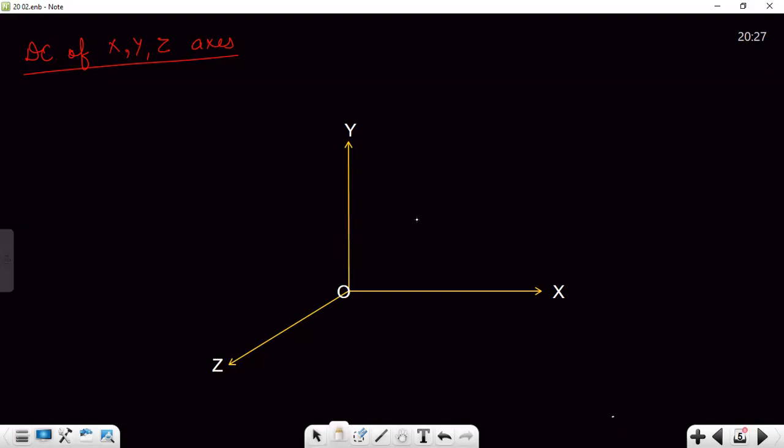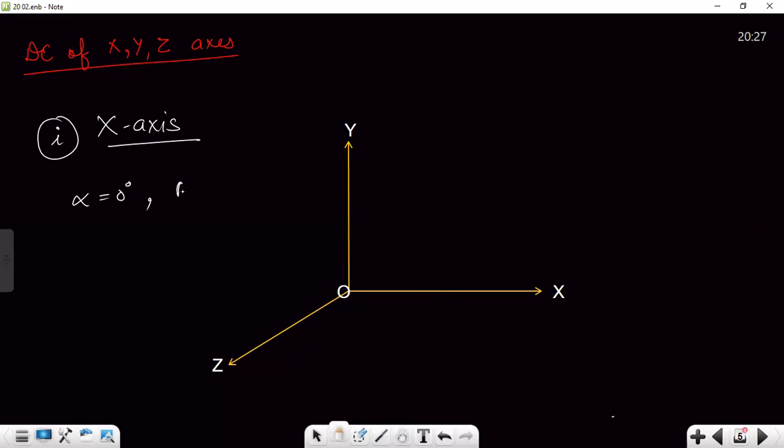So first, let's discuss the x-axis. So here we are discussing the line, the x-axis. So x-axis is making what angle with itself? 0 degrees.